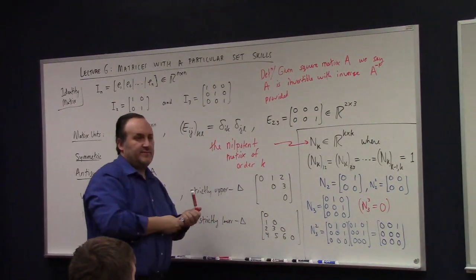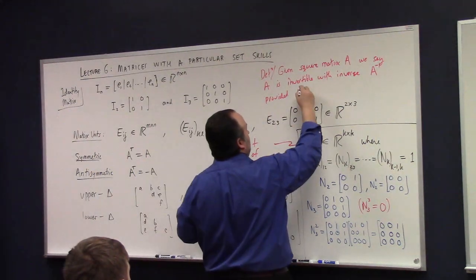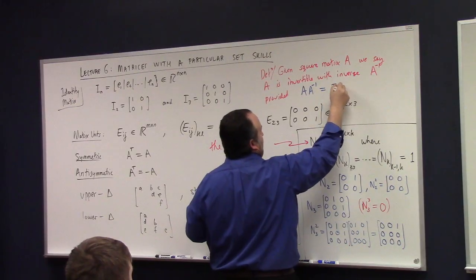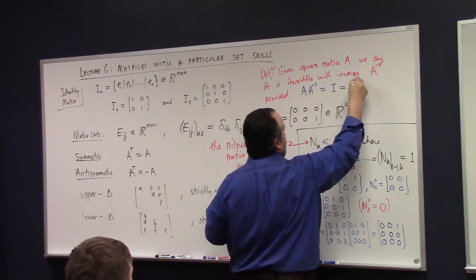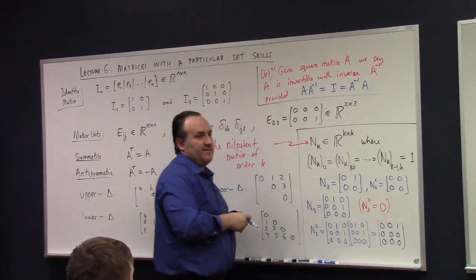What condition do we have? What has to hold? Two of them actually, right? A times A inverse is equal to the identity, but that's also equal to A inverse times A, right? So that's the inverse of a matrix.